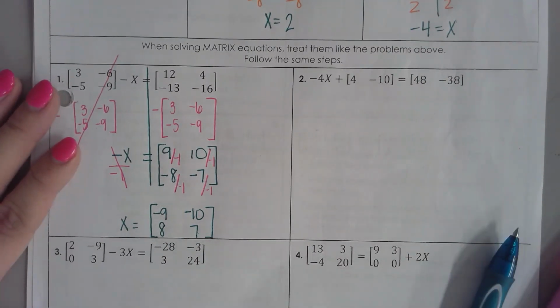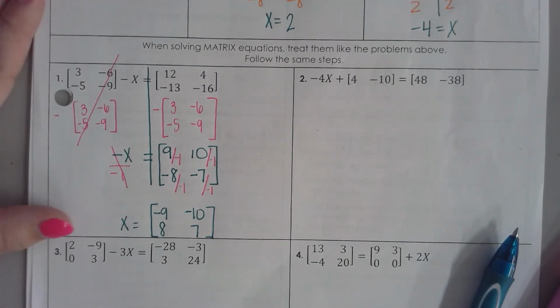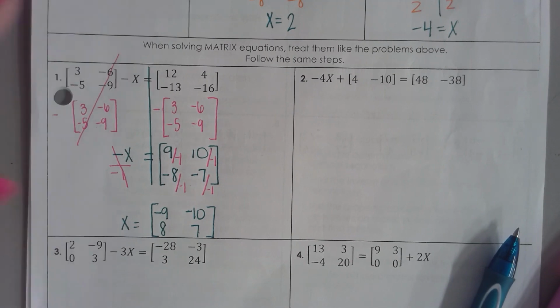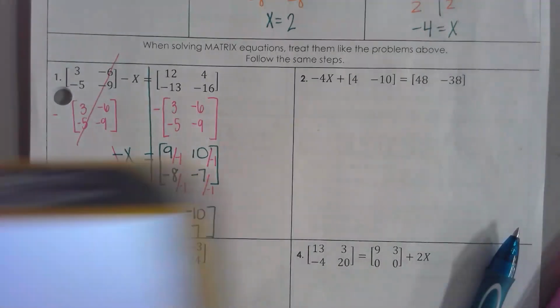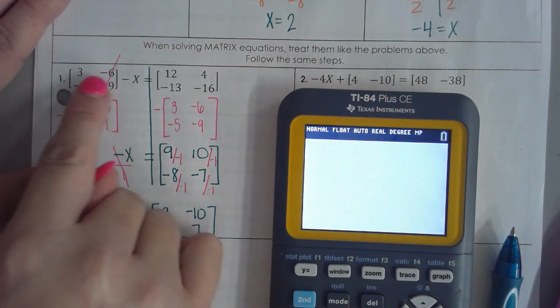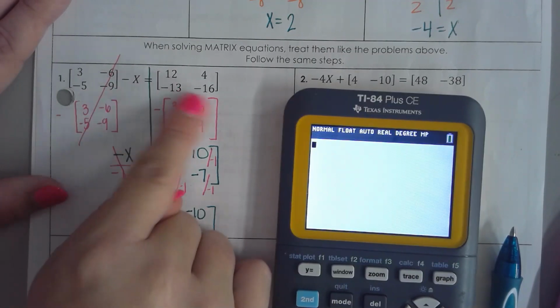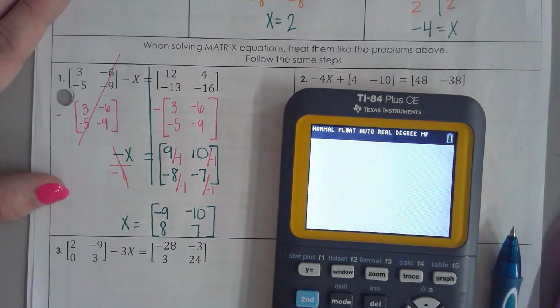And it's really easy to check your answer. Questions like this where it might be easy to make a mistake. If you take your calculator, go back to your original problem, and we're going to type in this matrix minus what we got for x and see if we get that 12 for matrix.